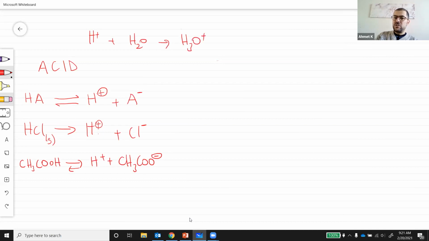This is the real molecule. You will never isolate a bare H plus, but people have actually isolated H3O pluses, and we have the crystal structure and everything. So whenever I say H pluses, it's really H3O pluses. It's the hydronium ion, but it's basically the same thing. Make sense?